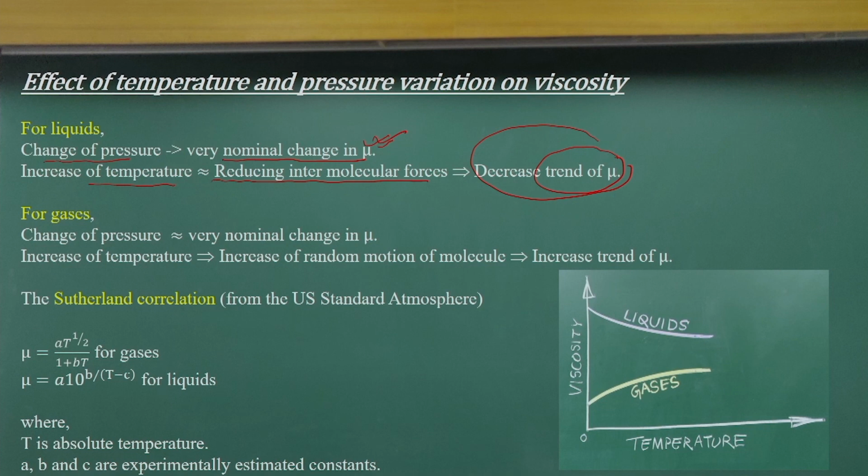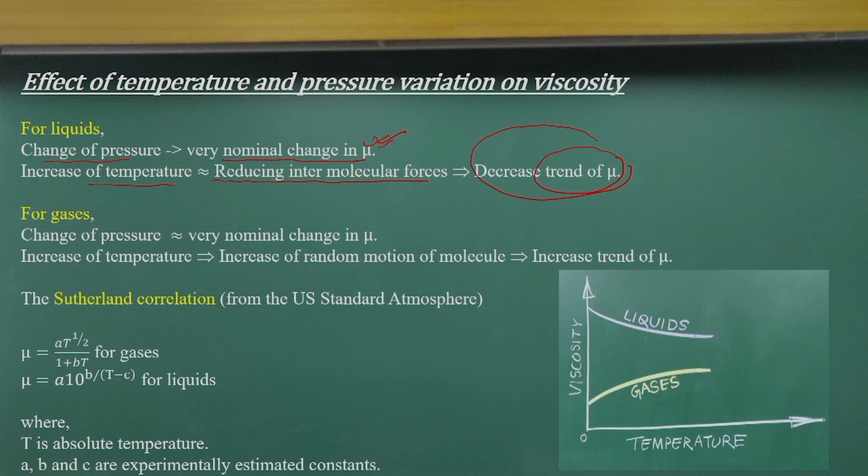In terms of the molecular mass motions, which cause the mass and momentum flux transport, increasing temperature will reduce the intermolecular forces and decrease the mu values, as shown here. That will vary from liquid to liquid, and we will discuss that.